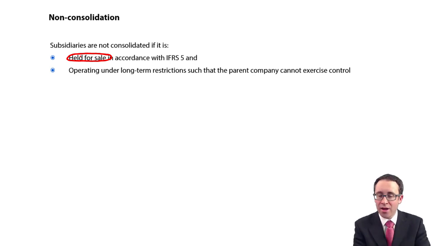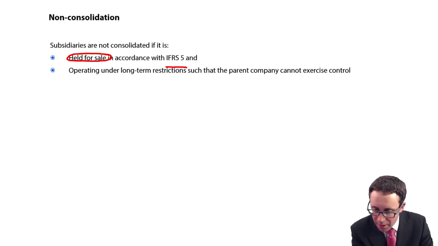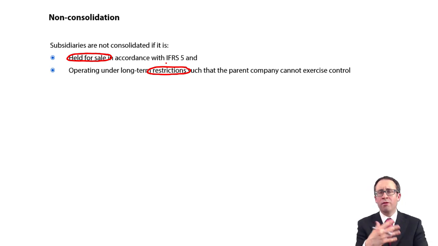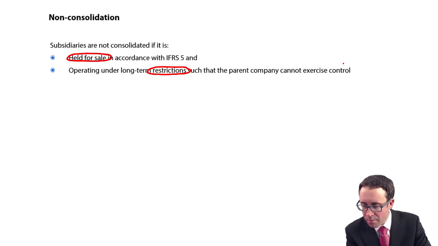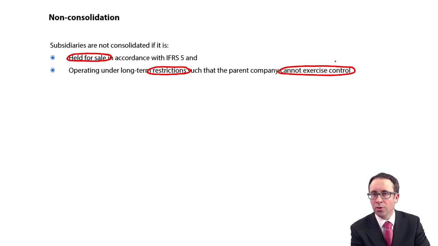And then if there are any restrictions in place, so some form of written aspect in the acquisition agreement whereby the parent cannot exercise control. It's not just about owning greater than 50%. You need that power to direct the activities. And if there's something in there that says somebody else on the board of directors or some other shareholders have the casting vote or can make the decisions, then we do not have control.